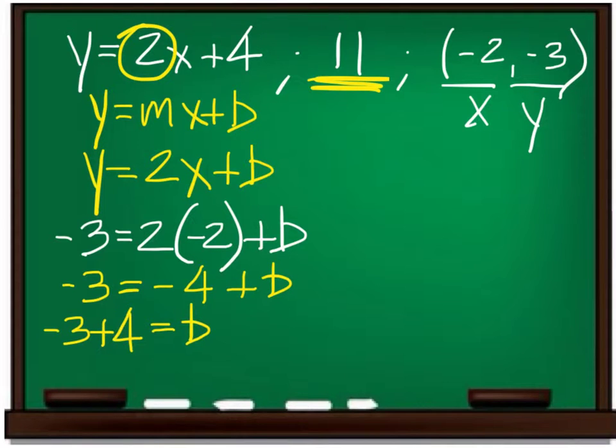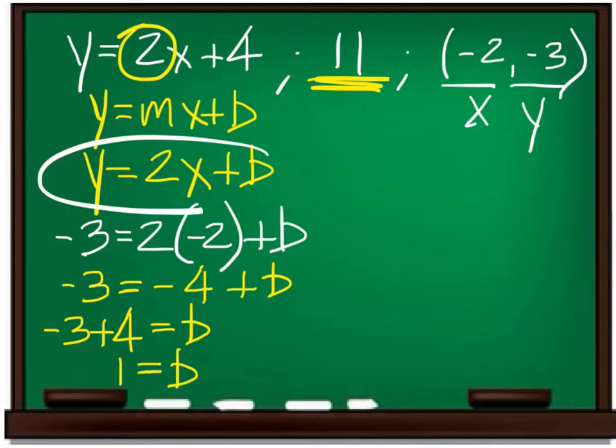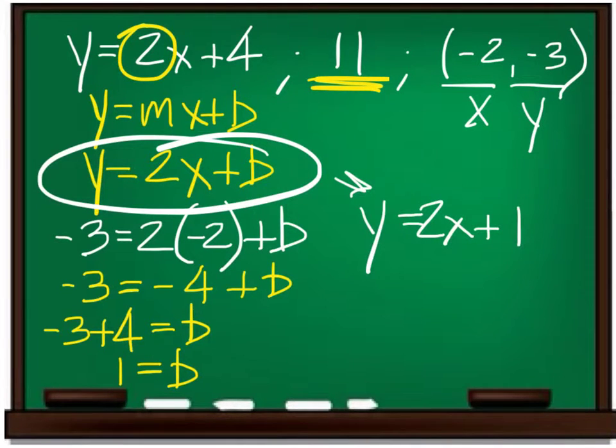Negative 3 plus 4 is 1. We have solved for b. You must go back to here and plug in that value for b to get your answer of y equals 2x plus 1.